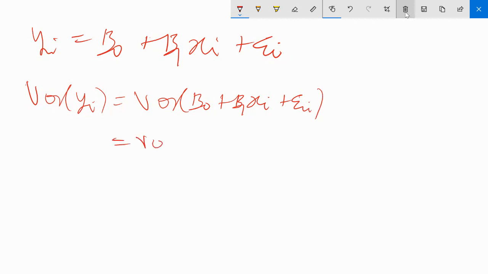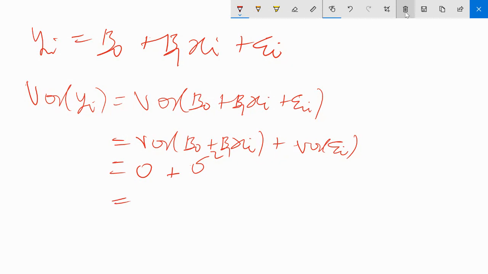And this is equal to the variance of beta 0 + beta 1 xi plus the variance of ei. And what is the variance of a constant? The variance of a constant, as discussed yesterday, is equal to 0, plus the variance of the error term. And the variance of the error term is equal to sigma squared. So the variance of yi is equal to 0 + sigma squared, which is equal to sigma squared.